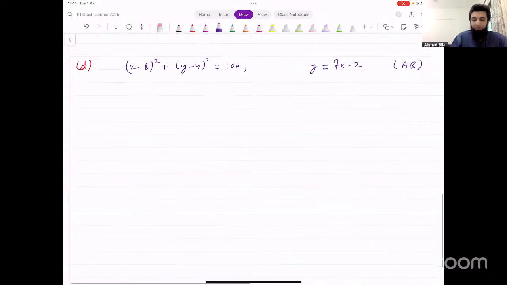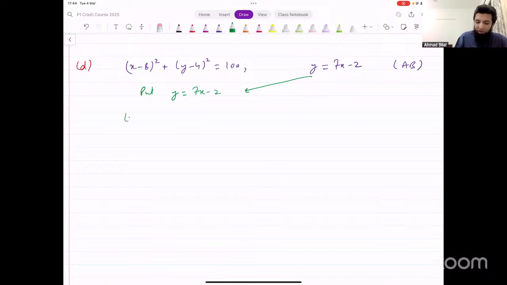You just solve them simultaneously. Since we're looking for only the x coordinates, we can eliminate y. We already have y equals 7x minus 2 here. We just put that in the other equation. You put y equals 7x minus 2 here, and that gives you x minus 8 whole squared plus 7x minus 2 minus 4 whole squared equals 100.